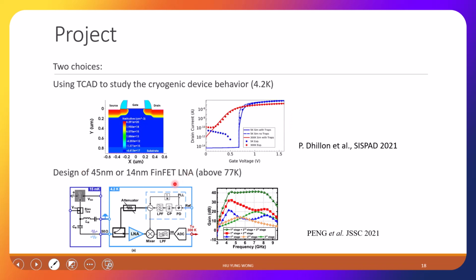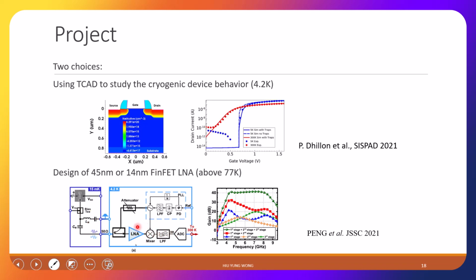If you don't like this, I guess many of you don't, you can go ahead to do a 45 nanometer or 40 nanometer LNA, low noise amplifier. This is not my paper, just from a journal. And what you're doing is this part. This is a quantum bit, right? And then we send a signal to it and measure the reflected signal. Then we know its state. We need to amplify it.